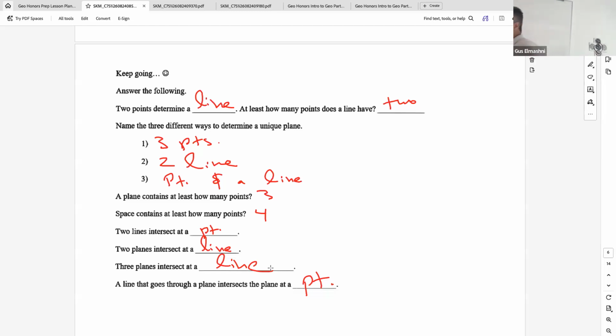If you take 3 pieces of paper, you create creases in them and slip them together. The crease is actually a line. It's really tricky.